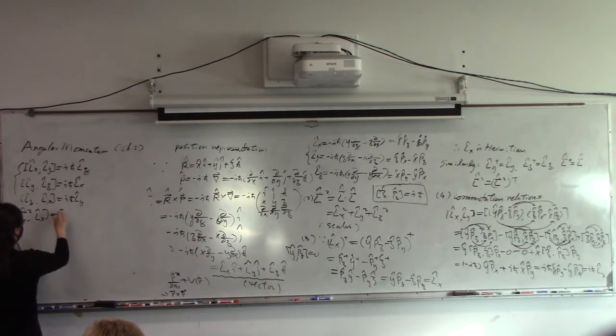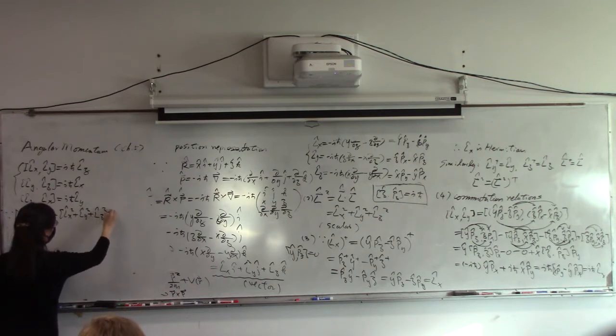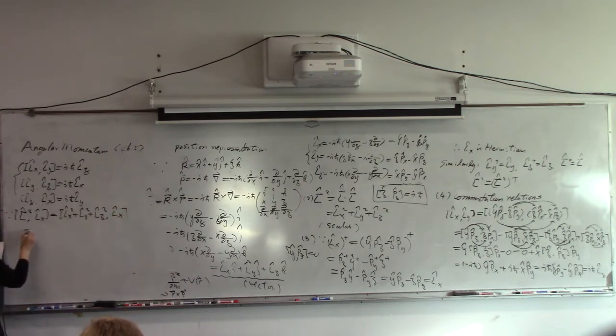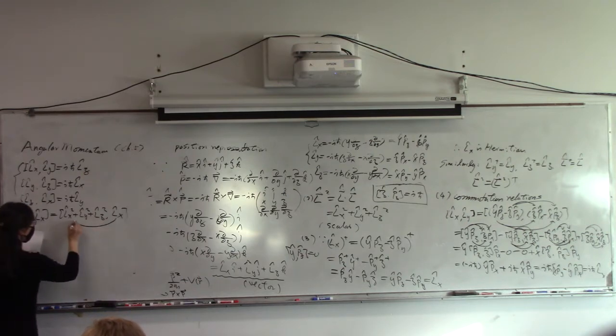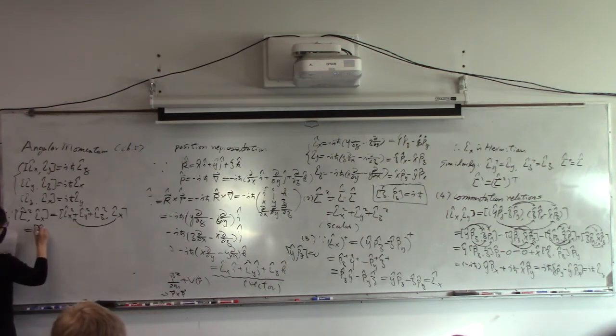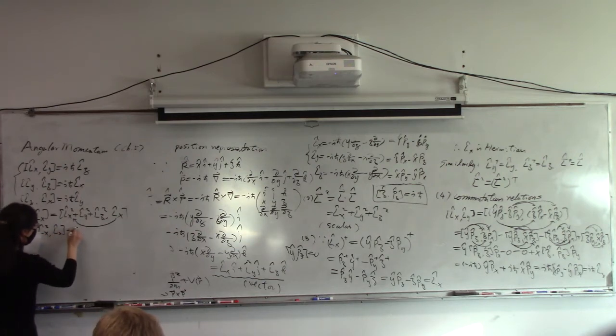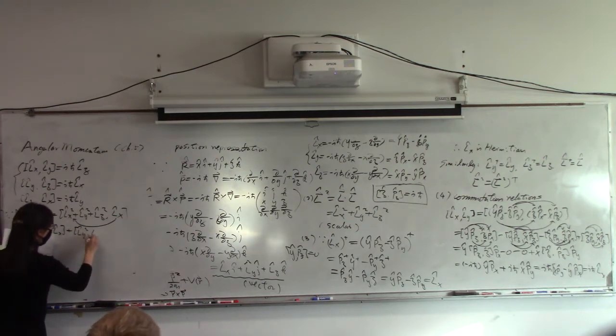Okay, L squared, we know that is Lx squared plus Ly squared plus Lz squared, right? With Lx. So now Lx with this component: Lx squared with Lx, plus Ly squared with Lx, plus Lz squared with Lx.